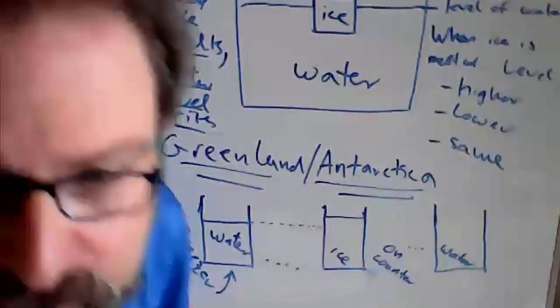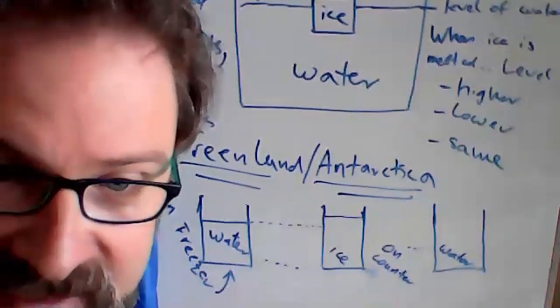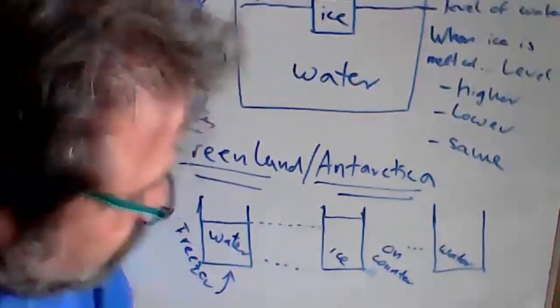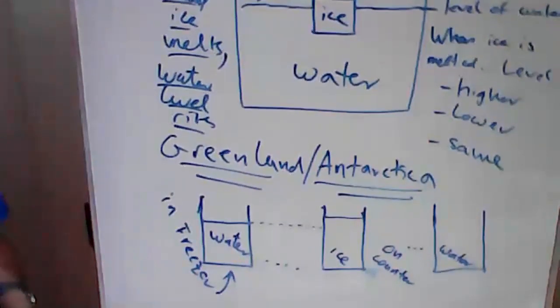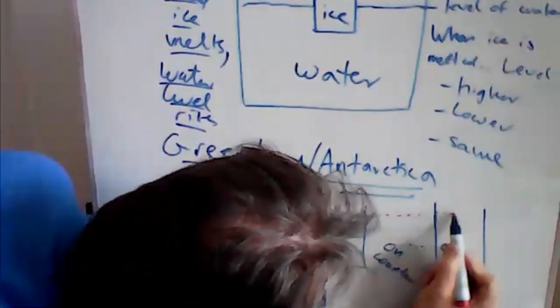When we wait for the ice in the glass to melt, and the whole block of ice melts, what happens to the level? Goes down, exactly. So now we have this higher level, this was how much ice we had, right?